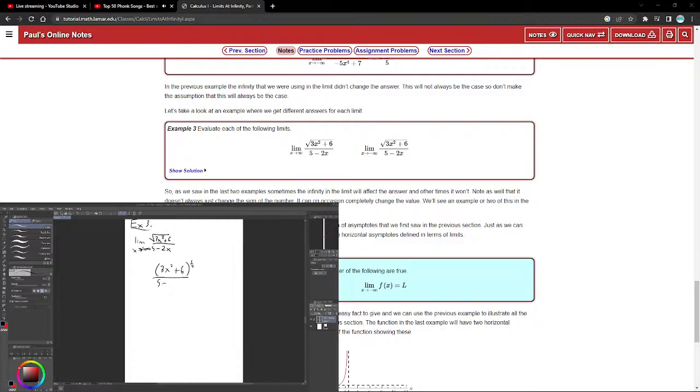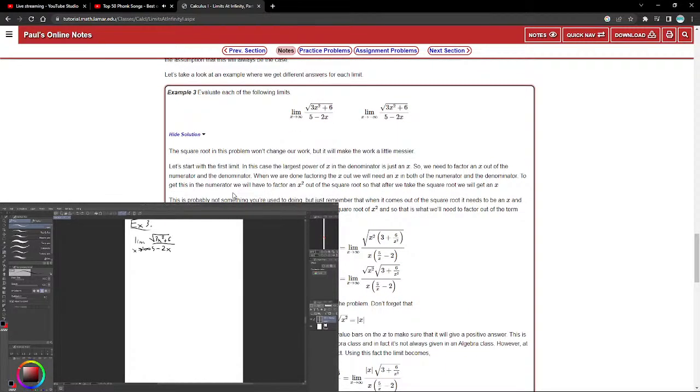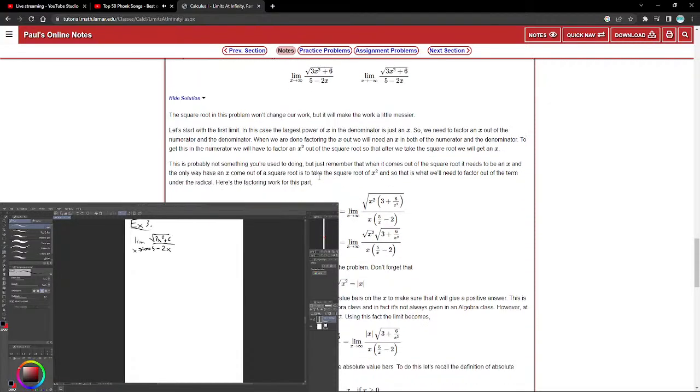I don't like that square root. The square root in this problem won't change our work, but it will make the answer a little messier. Let's first start with the first limit. In this case, the largest power of x in the denominator is just an x.